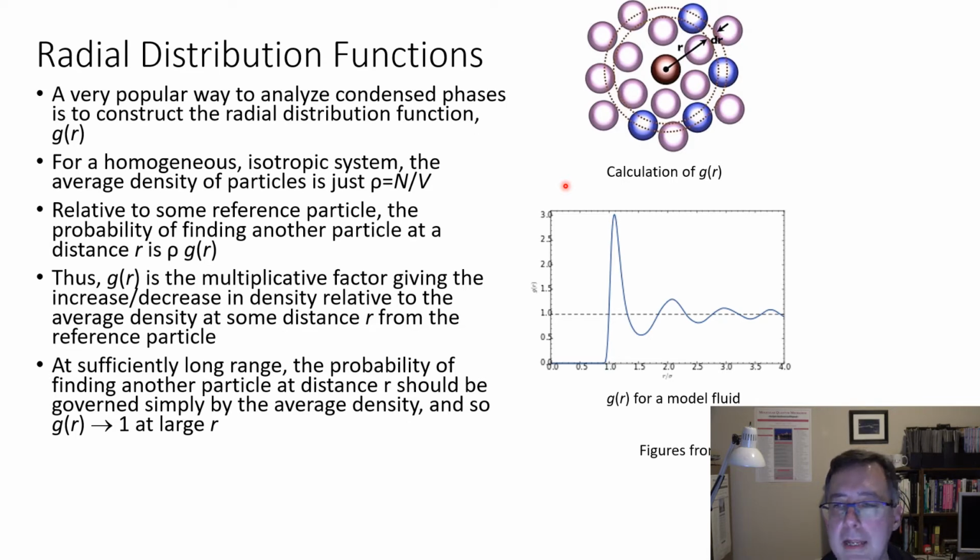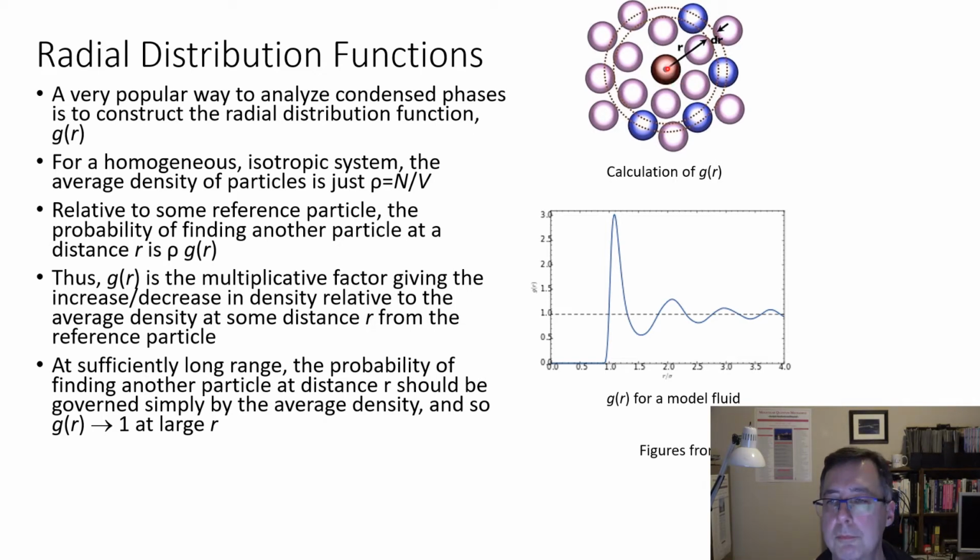And the idea basically is to say, if I have some particular atom or molecule that is at the origin, so this red molecule, say, then what I want to know is how likely is it that there are other molecules at certain distances away from me. Okay?